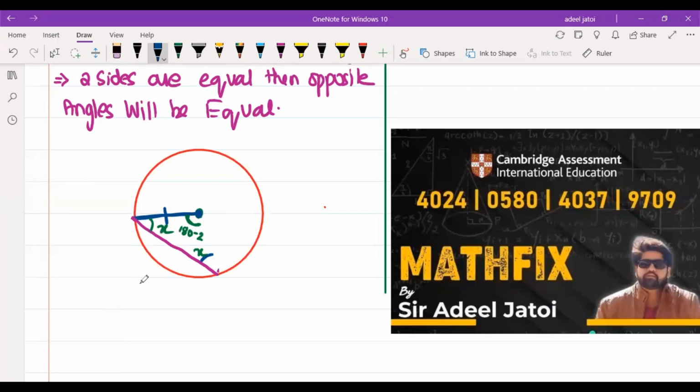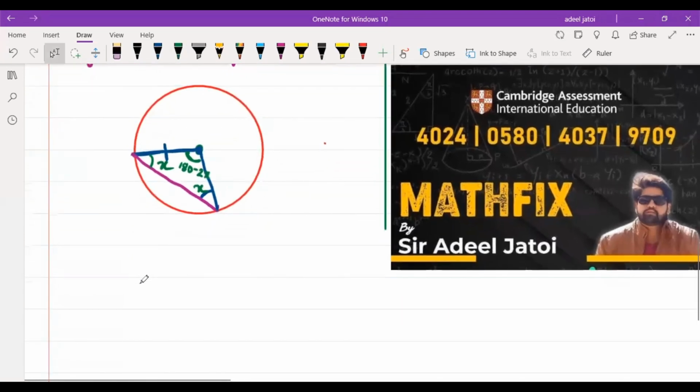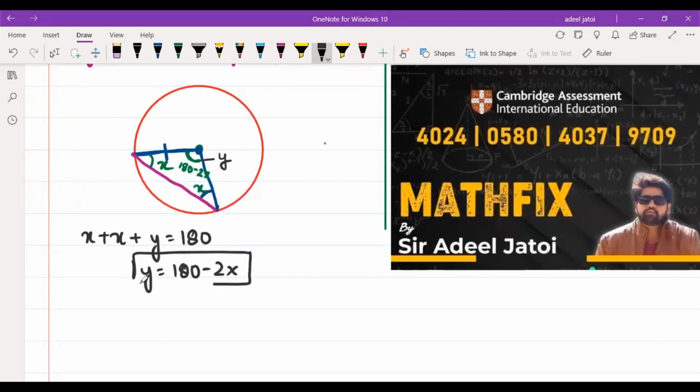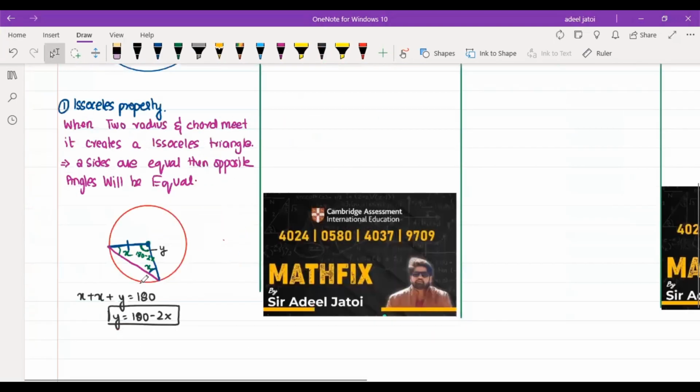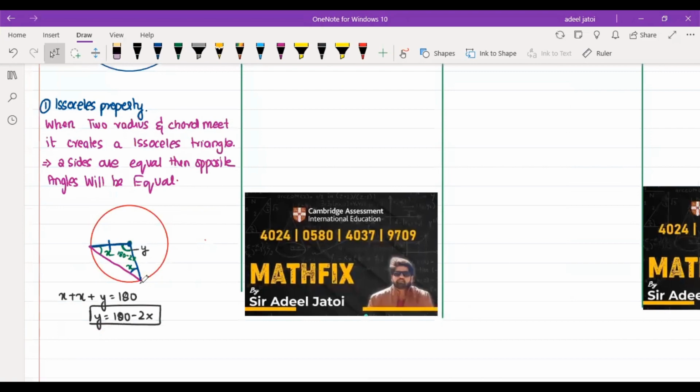So considering the fact that we know that this should be 180 minus 2x, the sum of the triangle, x plus x plus this angle, let's say y. The sum should always be equal to 180. So y is equal to 180 minus 2x. So we can always get the angle as well. So your first property is isosceles property.